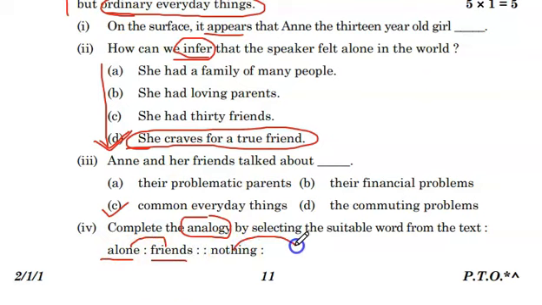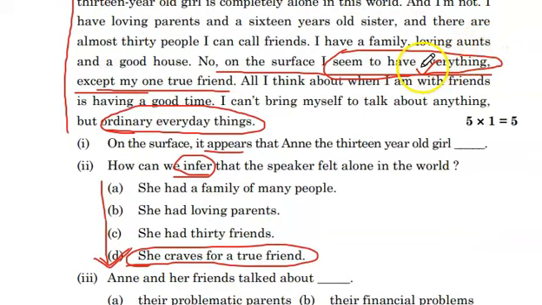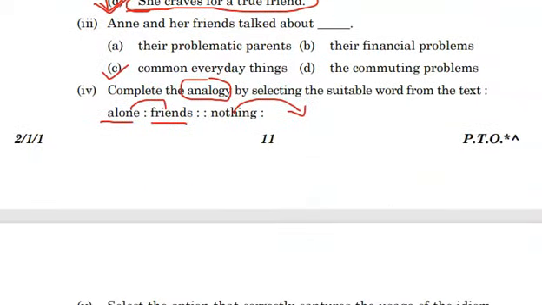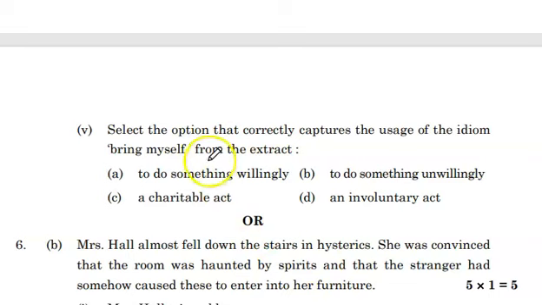Likewise, nothing is given. What will be the opposite of nothing? So the answer to this question will be this word, everything. Nothing, everything. So this will be the answer to question number 4.